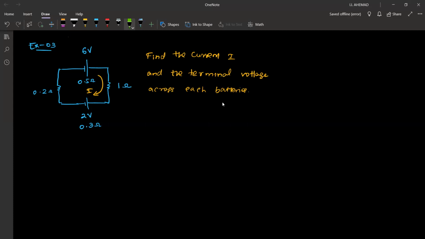Here we are going to use Kirchhoff voltage law. Let's consider this loop. What is the total EMF?